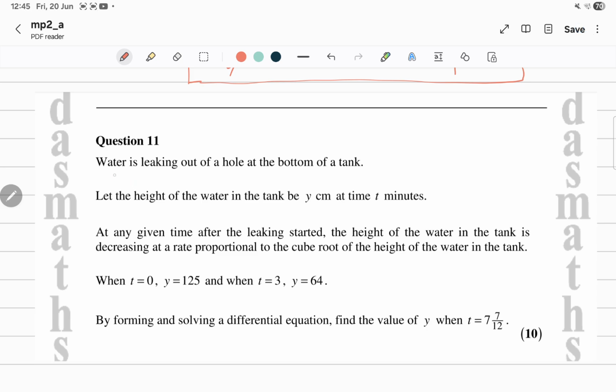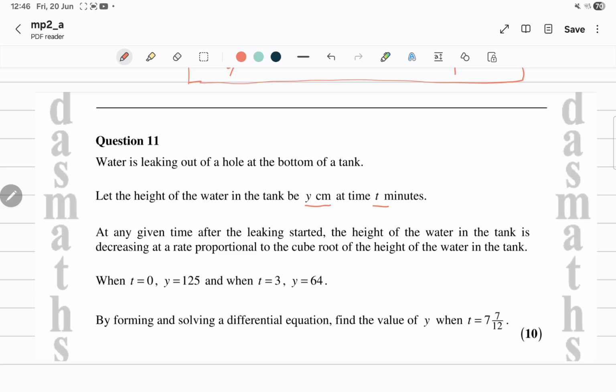Okay, so the next question is: water is leaking out of a hole at the bottom of a tank. Let the height of the water in the tank be y centimeters at time t minutes.